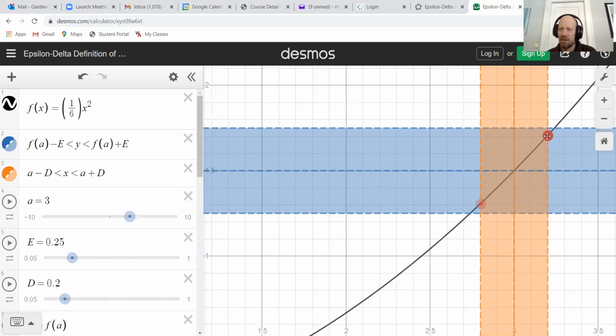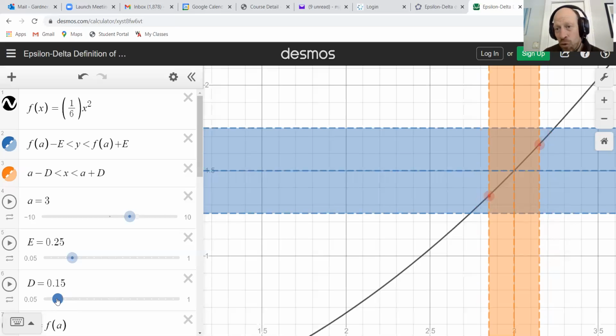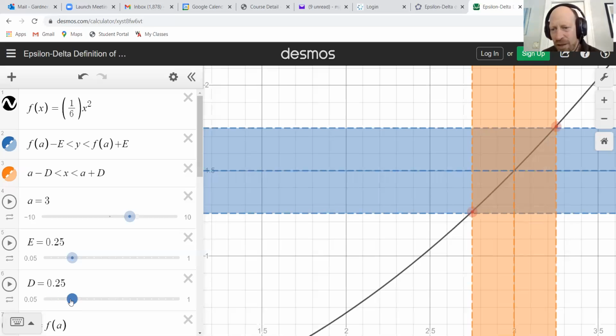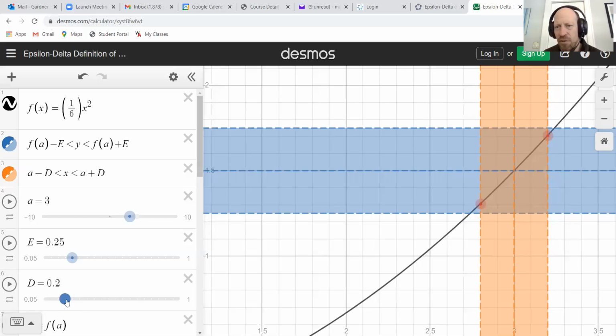It's okay if it's a little bit too close together, typically, like that still works. That delta works and that delta works, right? Oftentimes the question will ask you something about what's the smallest delta, but theoretically, all of those delta values work. Okay.